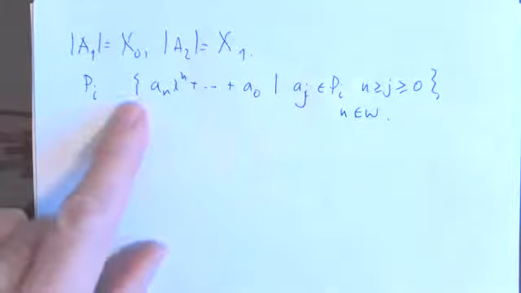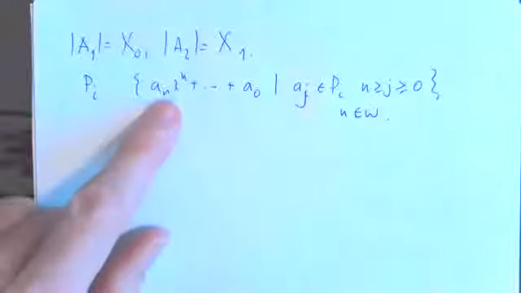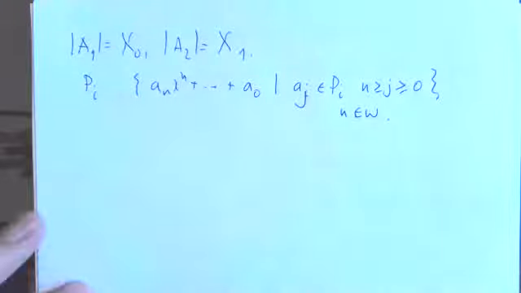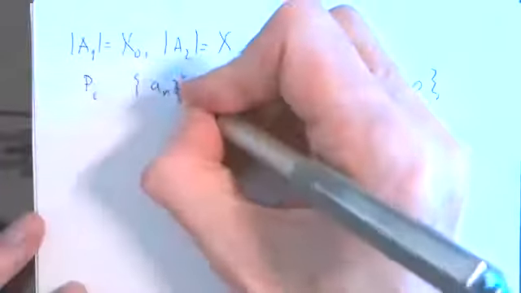So the polynomials are not a fixed degree. For any n, there's going to be a polynomial in here of degree n.